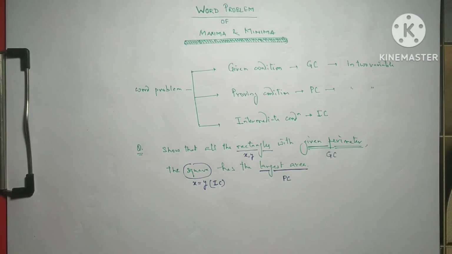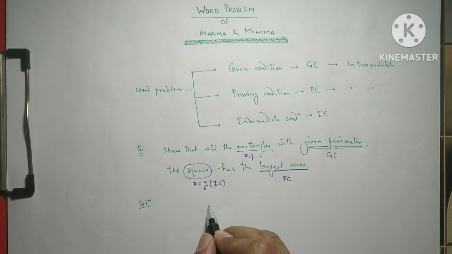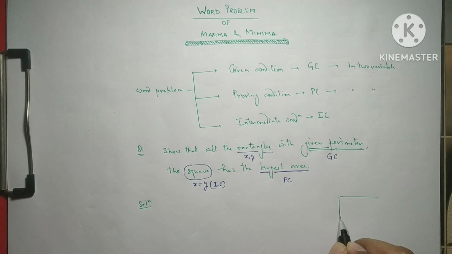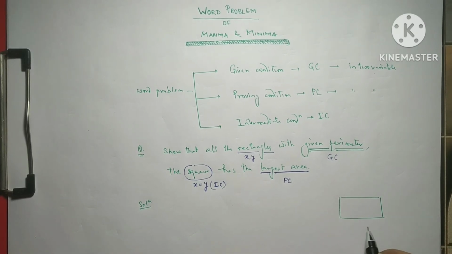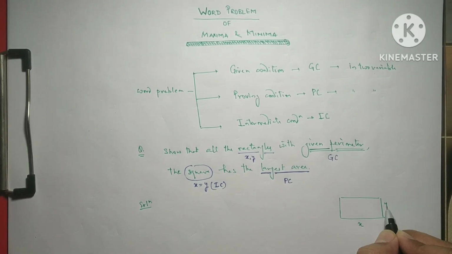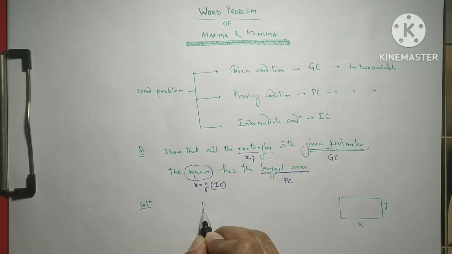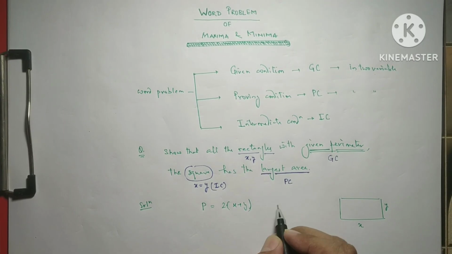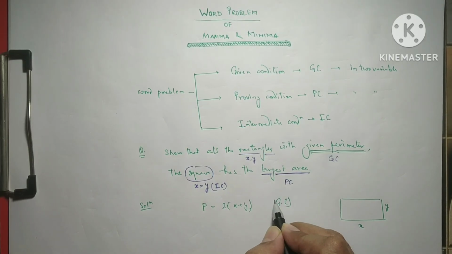So we will start this. So solution of this question is, we have first given perimeter of a rectangle. So if we consider a rectangle whose dimensions are length is x and y is its width, so the perimeter P is twice x plus y, and this given condition is in two variables x and y.